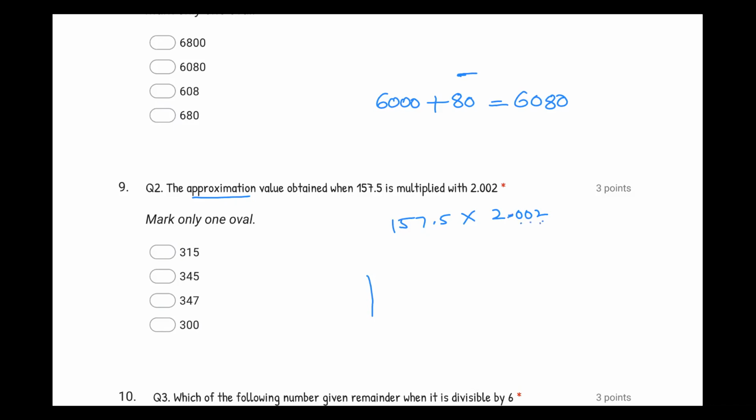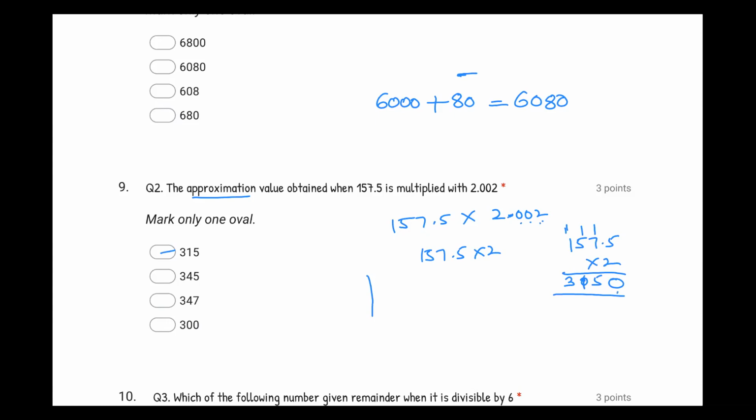It is a very small number, so you can take the nearest value as 2. After that do the multiplication, 157.5 into 2, which is 315. The answer is 315.